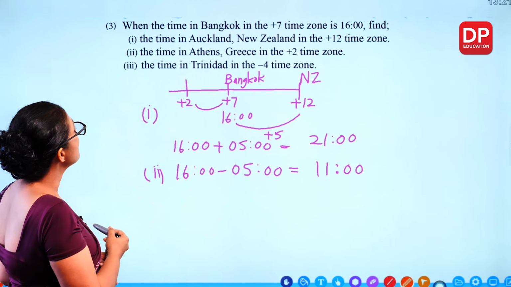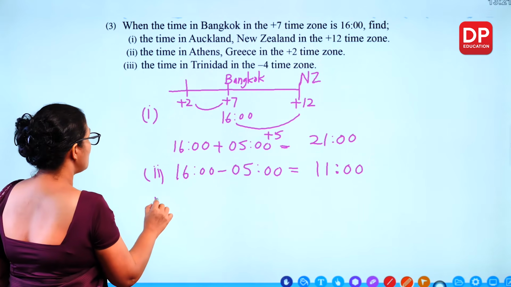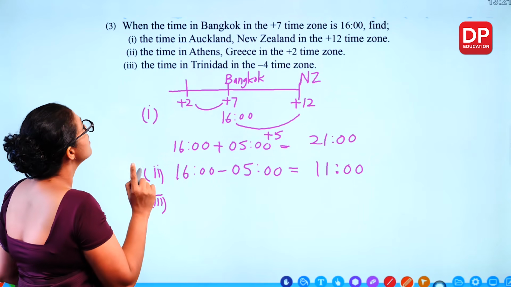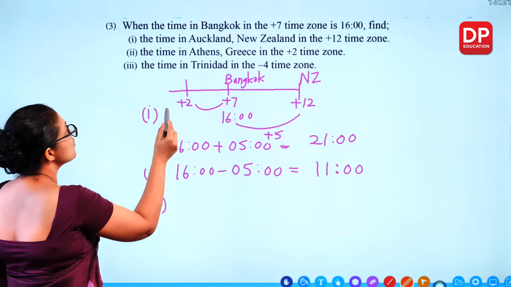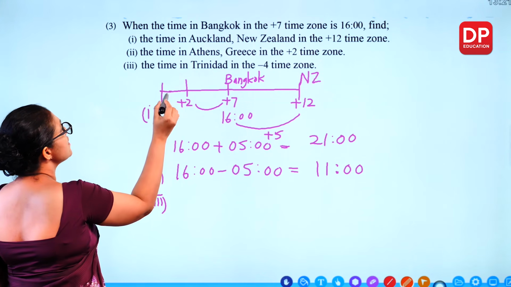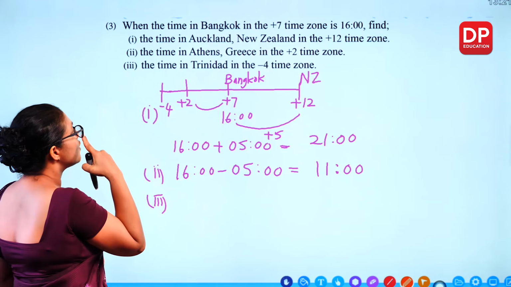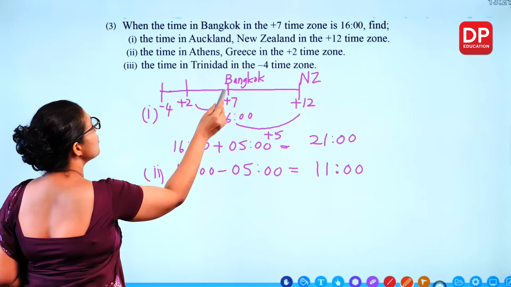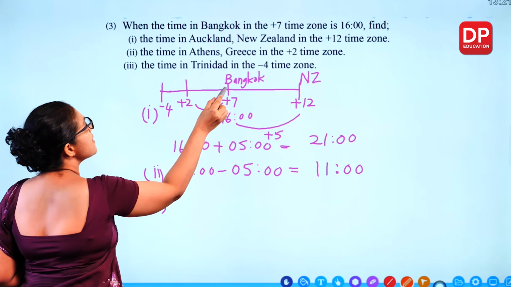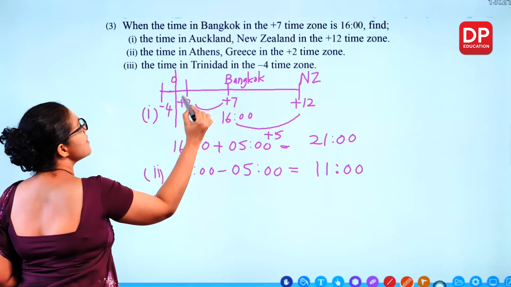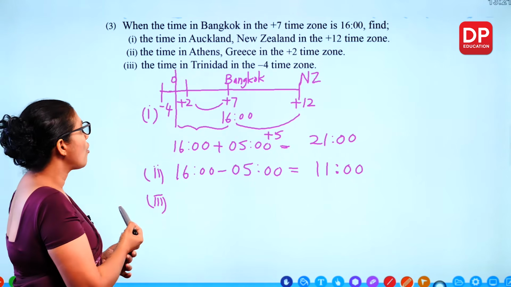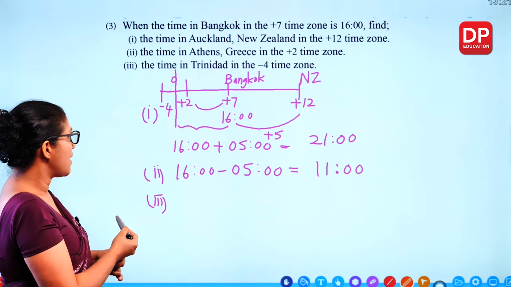That's in Athens. Third one, Trinidad in the -4 time zone. -4 is here. So what's the time difference now? Here to here, this is for 0. 0 is somewhere here. This is 7 hours, Bangkok to Greenwich, 7 hours.